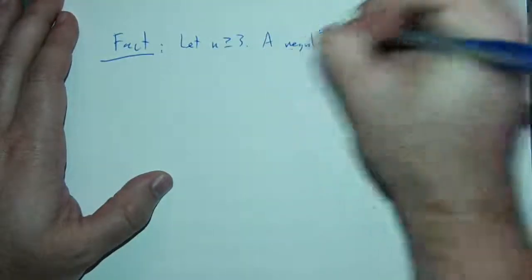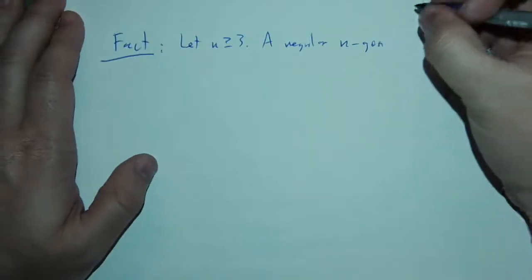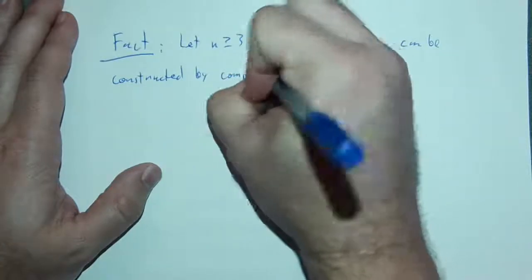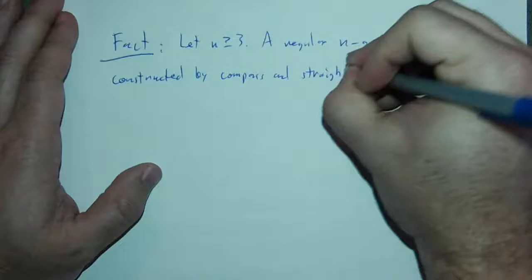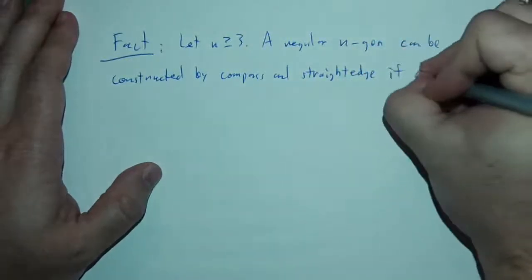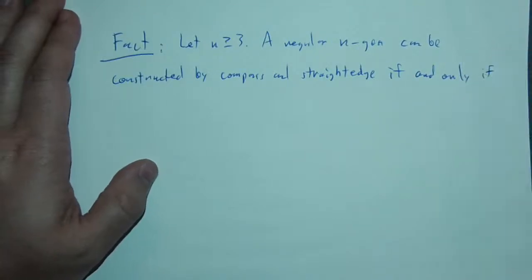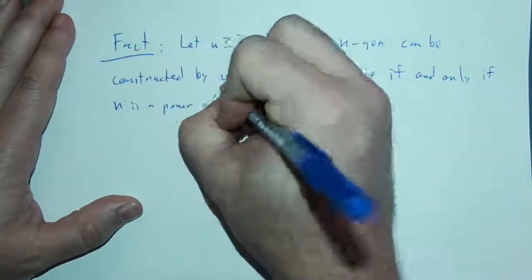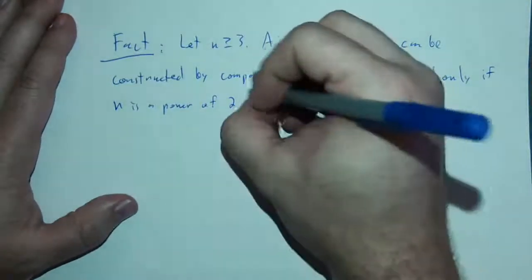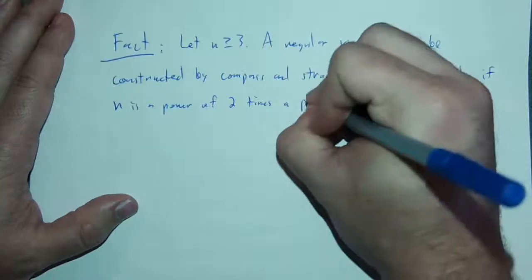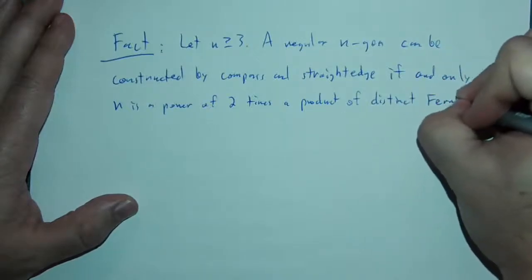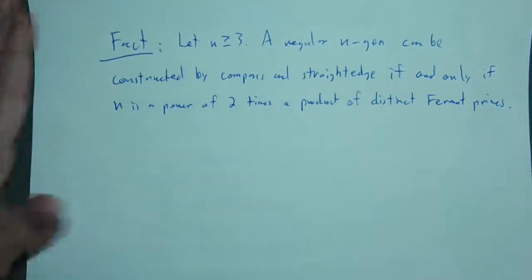A regular n-gon can be constructed by compass and straight edge if and only if n is a power of 2 times a product of distinct Fermat primes. Okay.